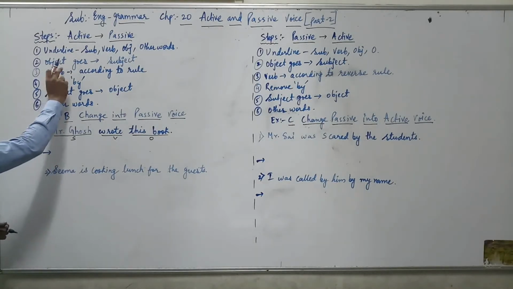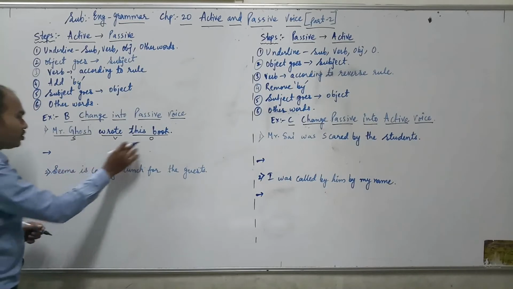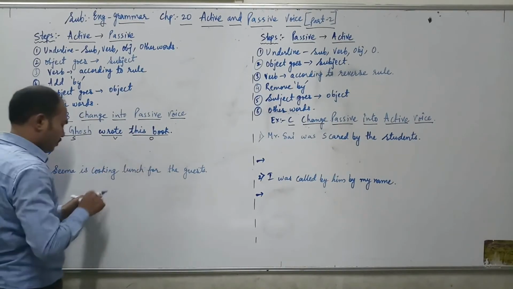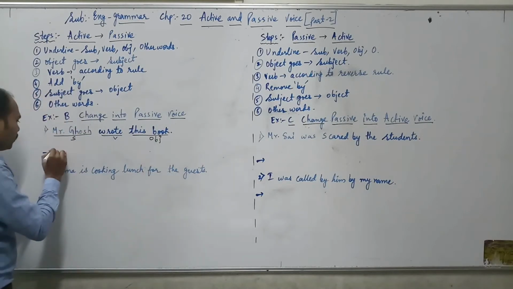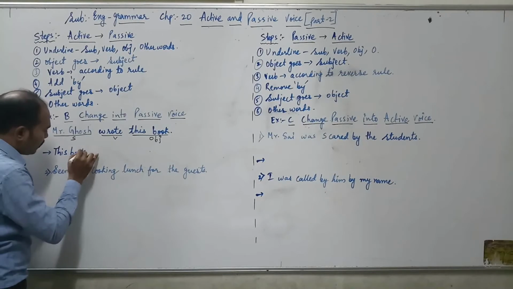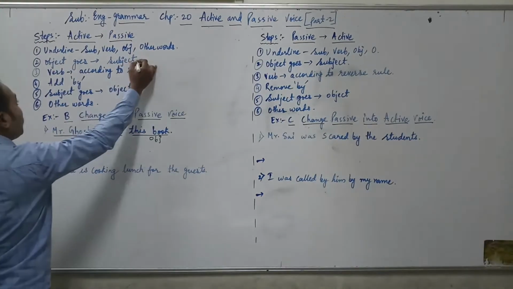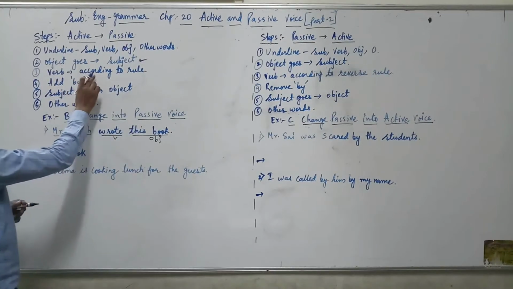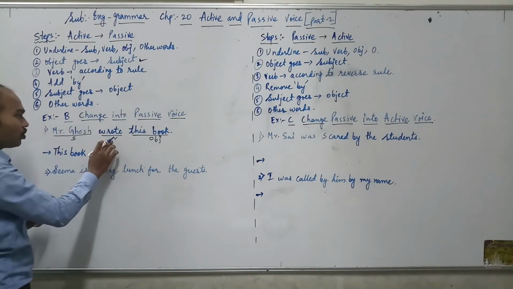The second step says object goes to the place of subject. So the object is this. The object will go to the place of the subject over here. As this book, we have to write the object here. After the object, the verb should be changed according to the rule. The verb is wrote.